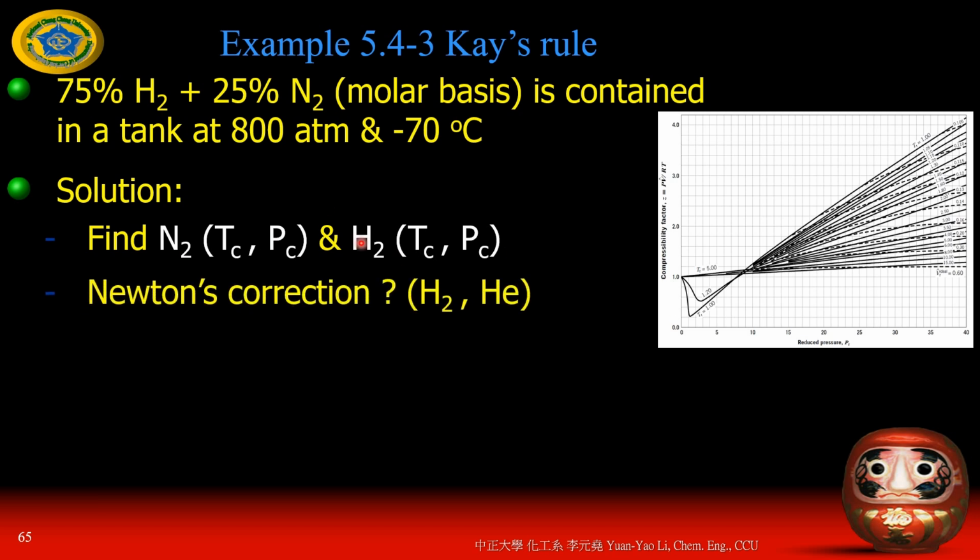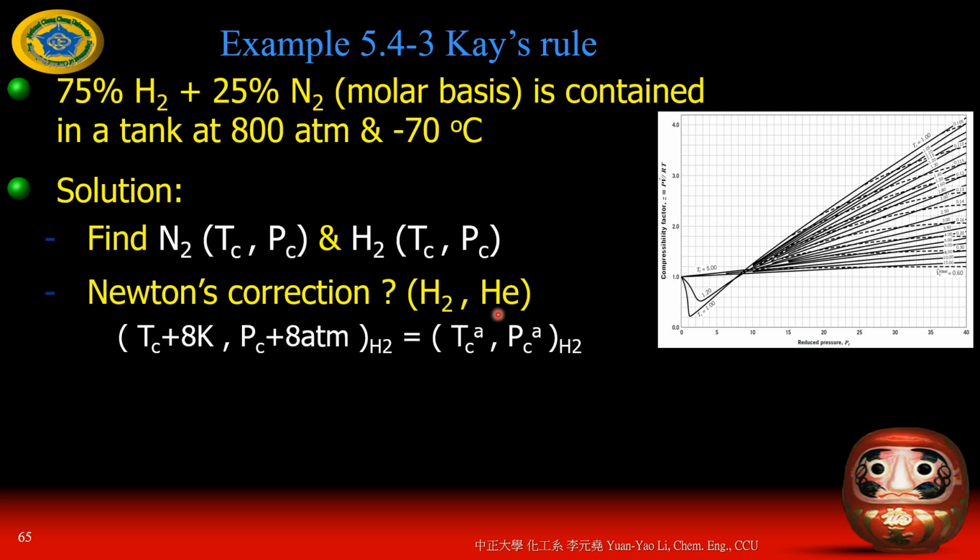Because hydrogen and helium are the two smallest atoms in the periodic table, these two need Newton's correction. All the numbers need to add 8 units: critical temperature needs to add 8, and critical pressure needs to add 8 atm.